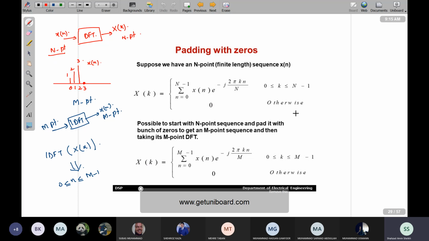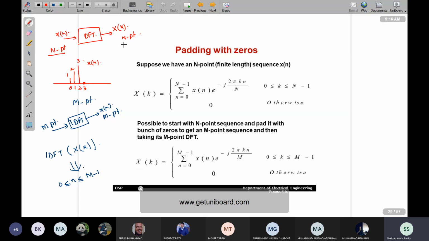There is a possibility that you place some zeros at the end or at the beginning of some sequence, and then you throw that into this x of n. Now considering this 0 is included in x of n, you are not throwing in three samples, you are throwing in 4 samples.